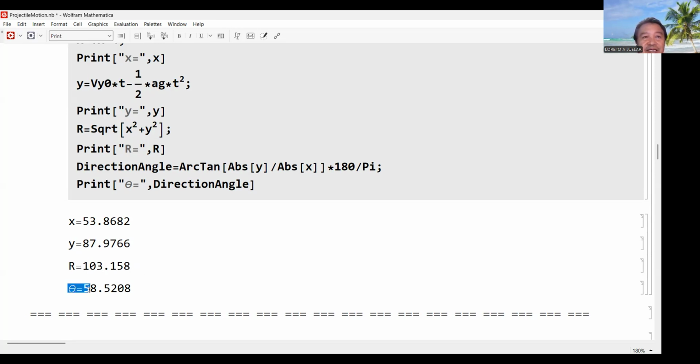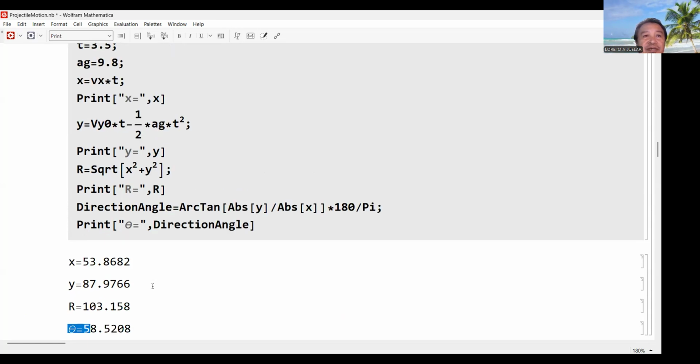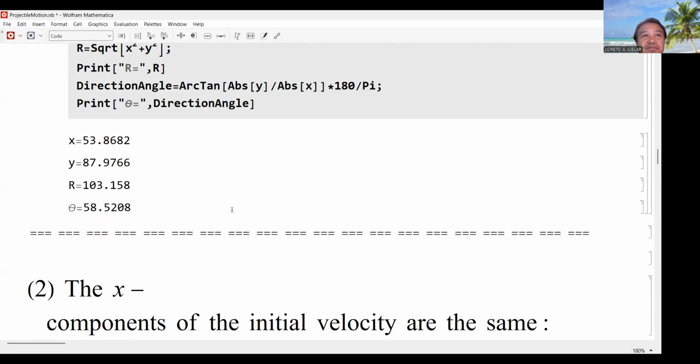The corresponding direction of the position vector is 50.52 degrees. So the angle here is expressed in degrees, as I have written here.